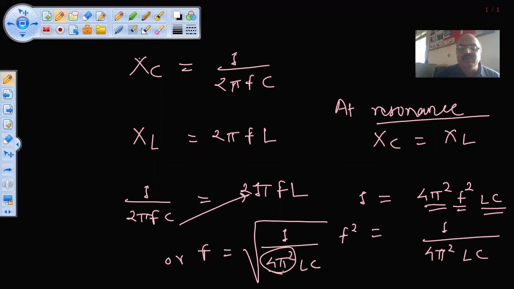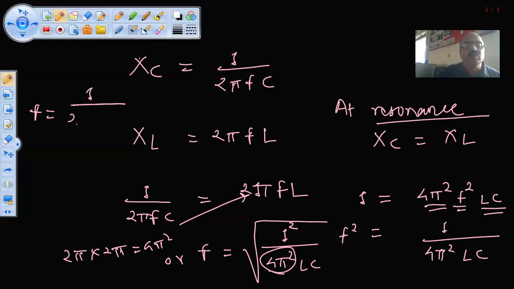Now 4 pi square means 2 pi into 2 pi. That is 4 pi square. हे रूट मधनं बाहेर येऊ शकतो. बरोबर आहे का? म्हणजेच F is equal to 1 upon 2 pi under root LC.